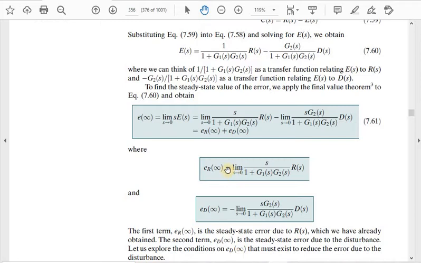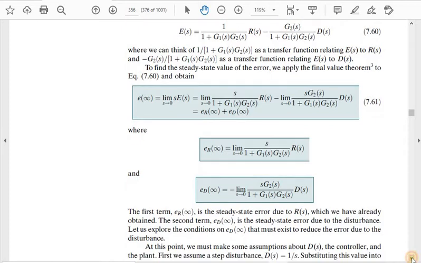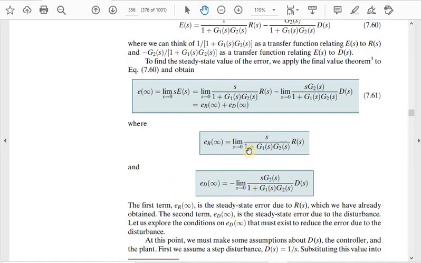The first term, with respect to input, is the steady state error due to input, which we have already obtained previously, when we discussed what type of input, system types and then static constants. Now we are interested in the second one, that is due to the disturbances.